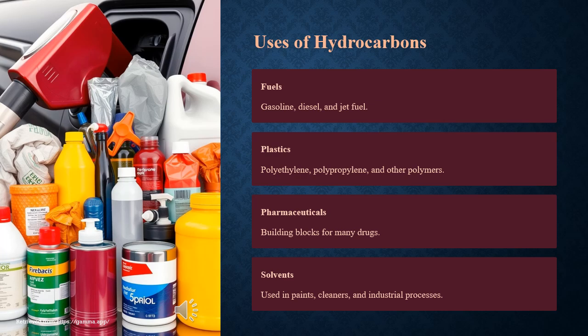Materials like polyethylene, polypropylene, for example, they are used in textiles and automotive parts, synthetic rubbers and fibers, and chemicals and pharmaceuticals, chemical feedstocks.